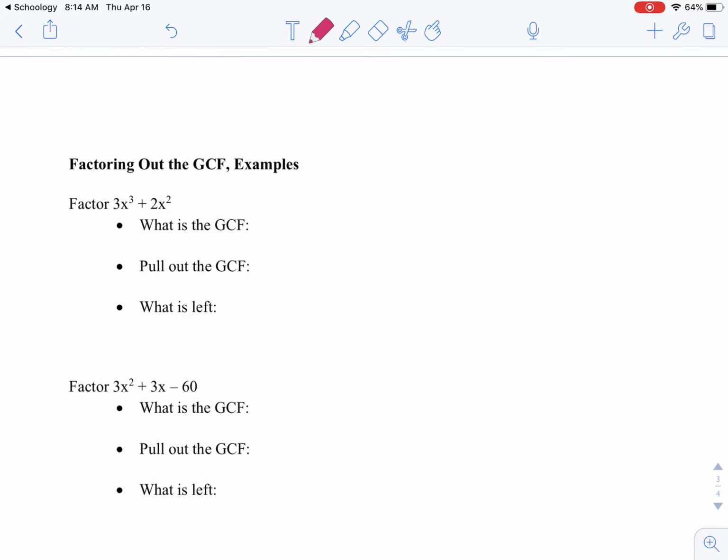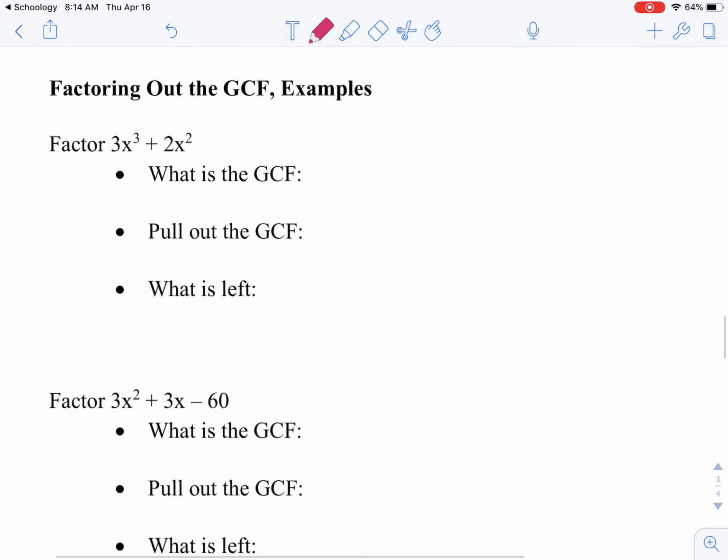Okay, so next we have to factor out the GCF. So first we have to figure out what is the GCF. So I have 3x squared and 2x squared. Oops, sorry, 3x to the third.